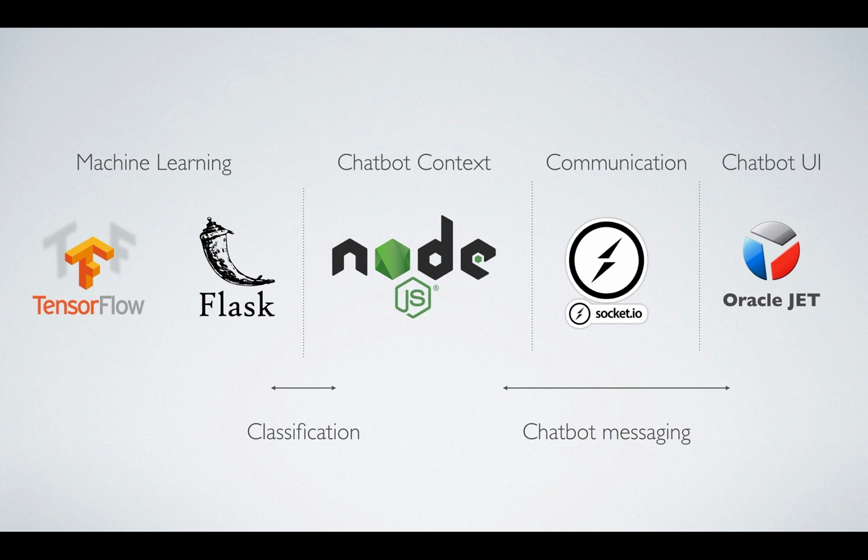So machine learning does classification, and then what is important is chatbot context, because for use cases in enterprise, it's not simply enough to classify the text and understand to which intent it belongs. It's very important to maintain the context.